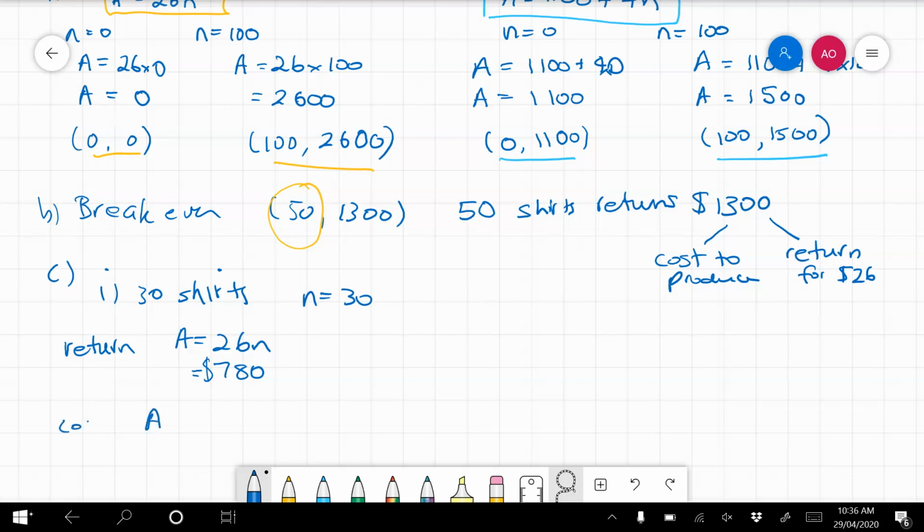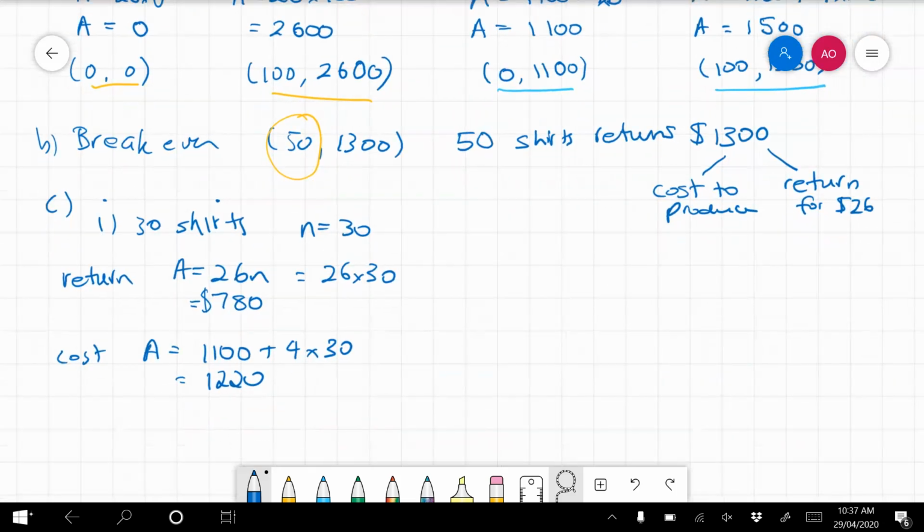And the cost to produce them is equal to 1100 plus 4N, but N in this case is 30. I just realised I left that line out. All right, so bear with me as I put this into my calculator. It's 1,220.